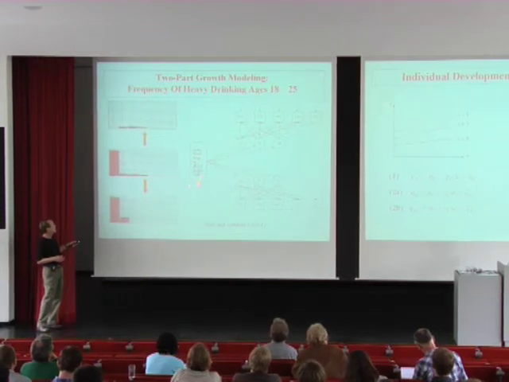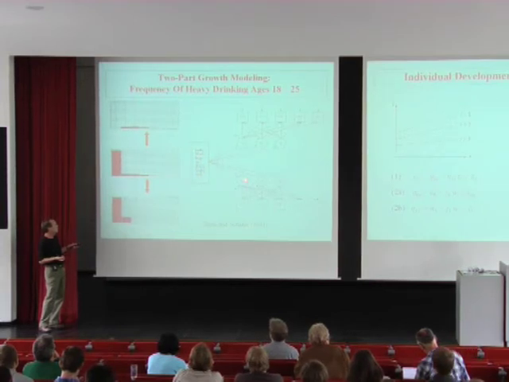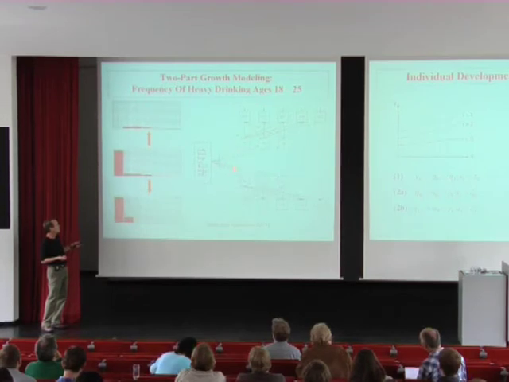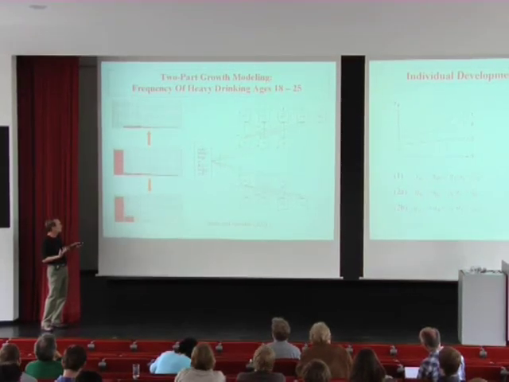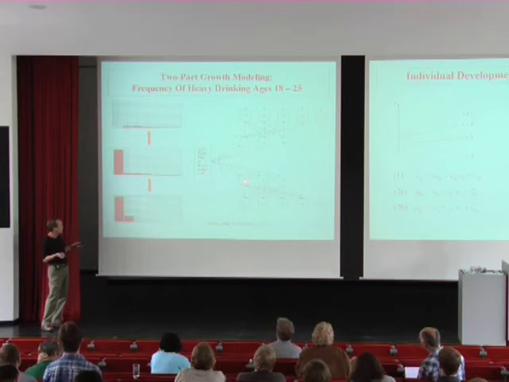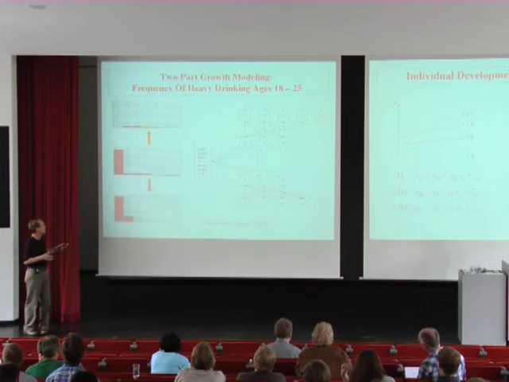Say that you had no background variables, and then the only reason the 2 processes would correlate would be through these residual correlations across growth factors for the 2 processes. If you have a high tendency to engage in heavy drinking, if the probability is high for engaging in heavy drinking, the amount is probably high as well, is the idea. So they should be correlated, otherwise there would be no use for doing this model. But you're right that you may want to correlate more of them, but often it's not needed.